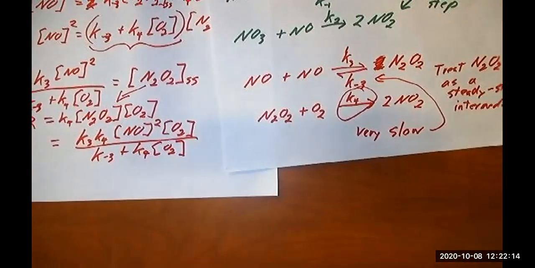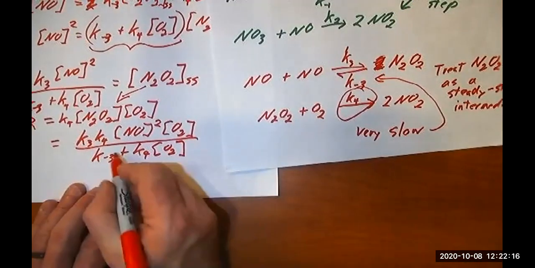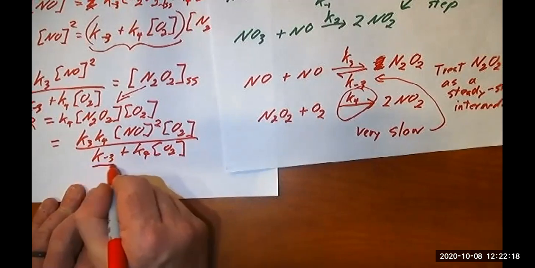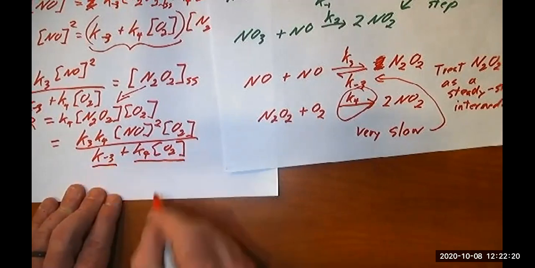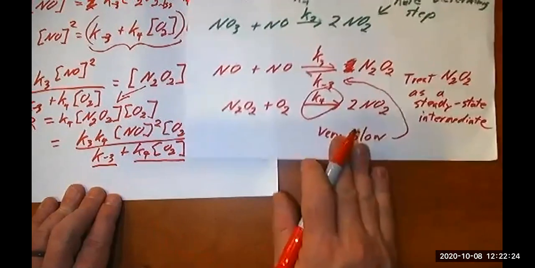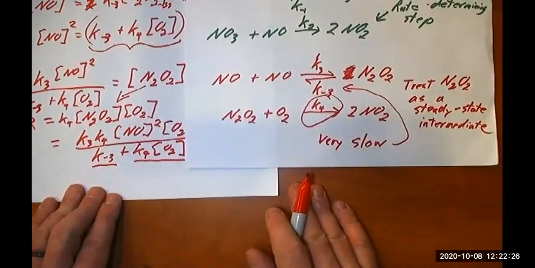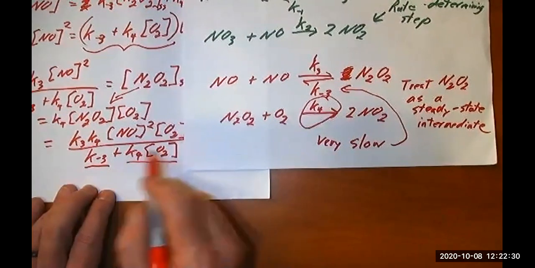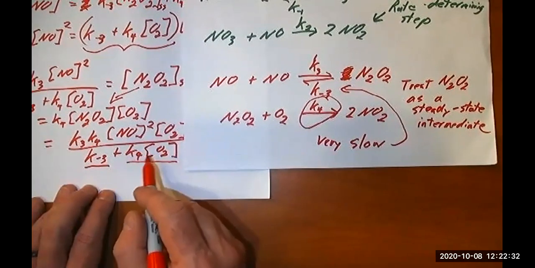So if we are given that information, then that tells us something about the magnitude of this compared to this in the denominator. The fast one is the one that is going to be big here because it's the rate.